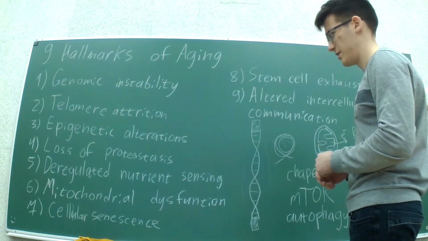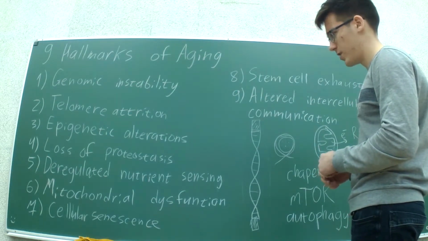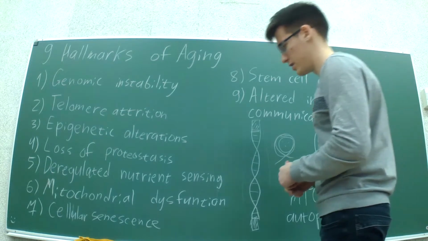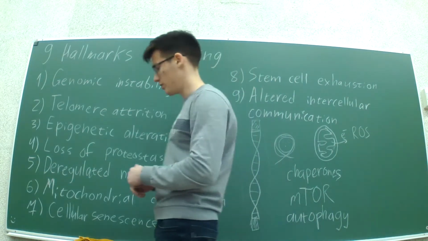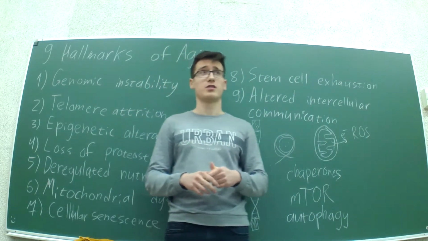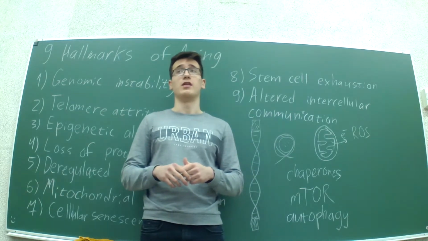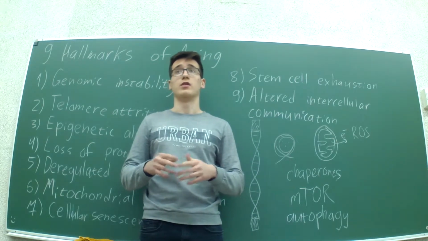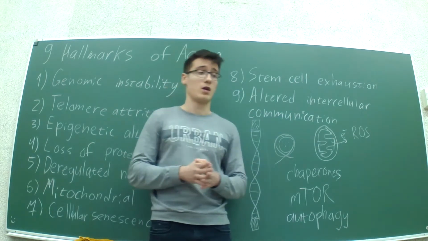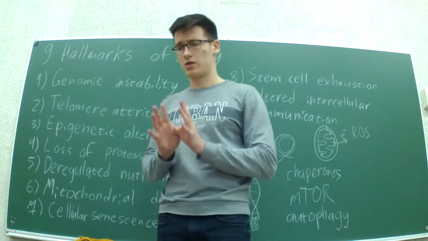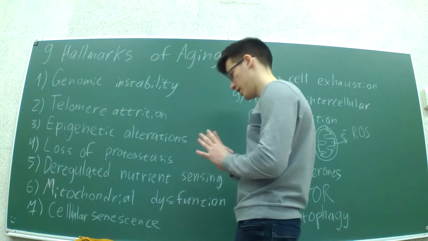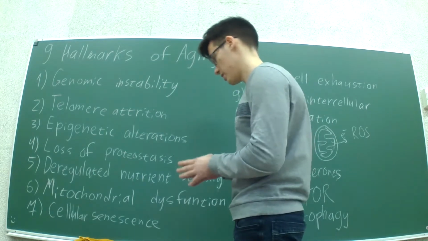Cellular senescence. Well, there was a scientist called Hayflick who discovered that our cells cannot divide an infinite number of times. They can divide a finite number of times.